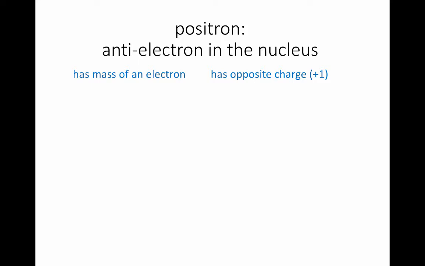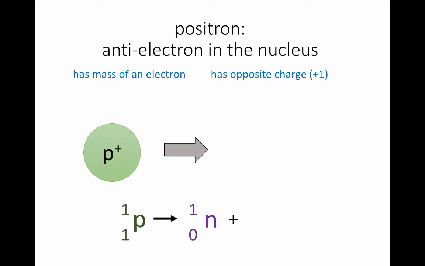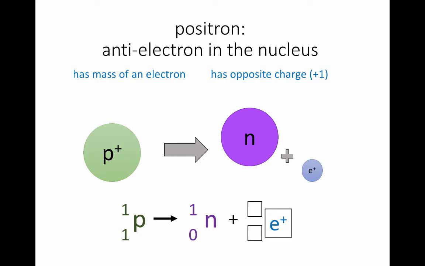So normally when we think of a nucleus, we only think of protons and neutrons. Where do positrons fit in? Well, as it turns out, if you take a proton, you can split it and make a neutron and a positron. So what is the mass number of a positron and what is its atomic number?